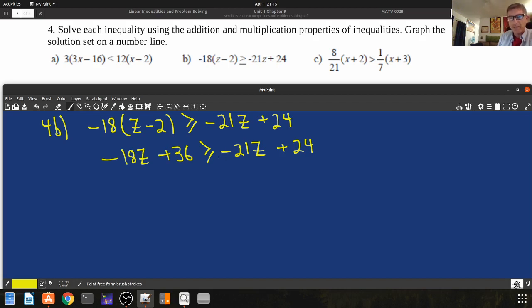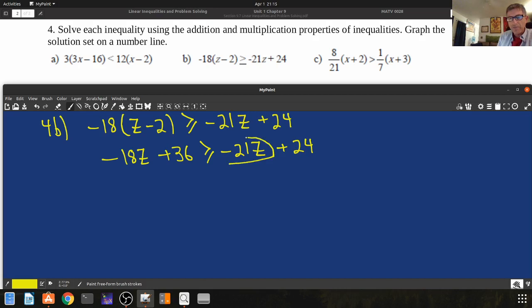Students do everything exactly right, then they divide or multiply through by a negative and they forget to flip the sign. And we can usually avoid that altogether. Not always, but usually we can. So since minus 21 in absolute value is greater than minus 18 in absolute value, I'm going to take care of the variable terms first.